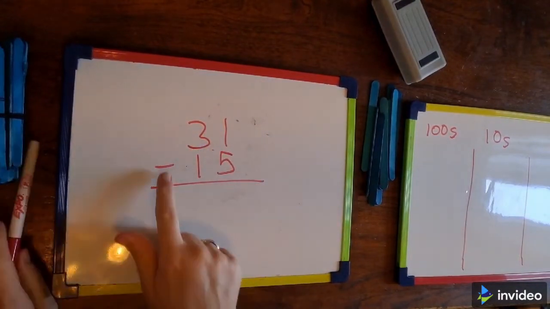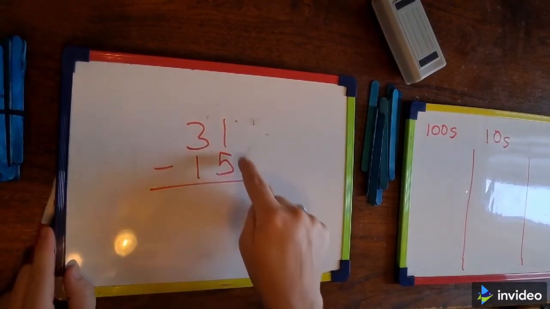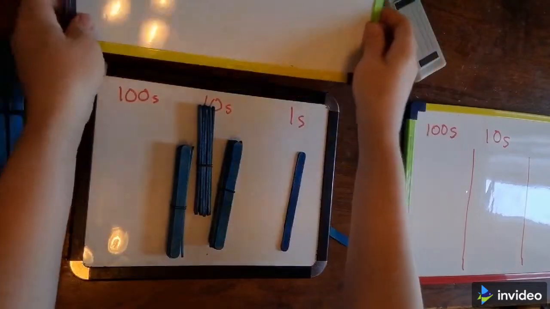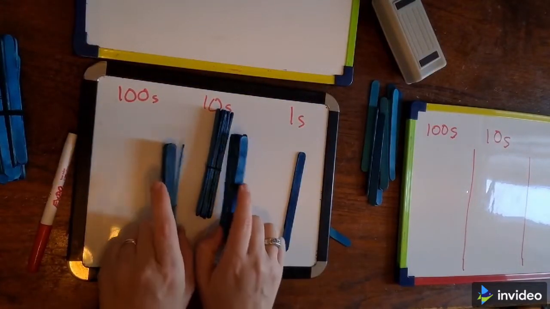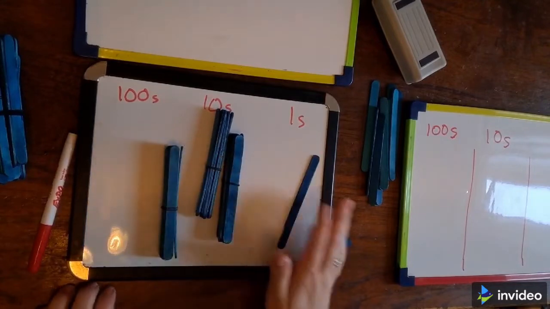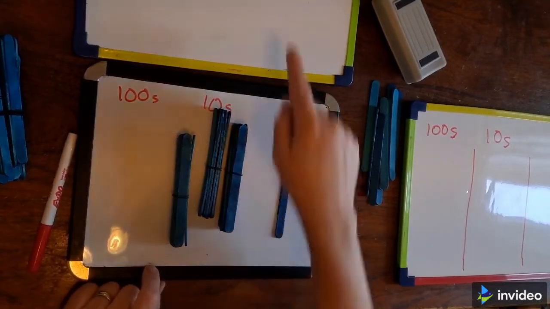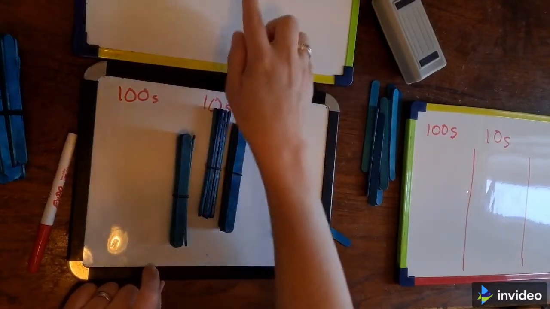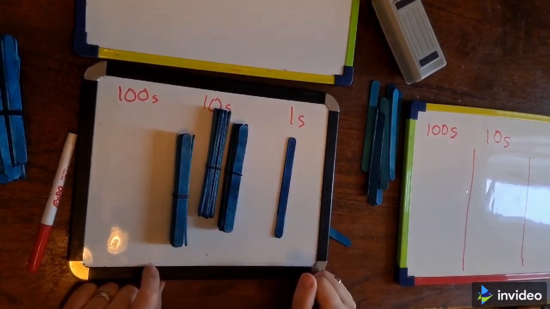So touch the sign, subtraction, follow the line. This is where we begin. All right, so I'm going to act it out here, and I'm going to say, okay, this is what I have here. I have 31, and I'm going to take away 15. I'm going to start here, again, follow the line, this is where we begin. Do I have enough in the ones place to take away 5? And the answer is going to be no.